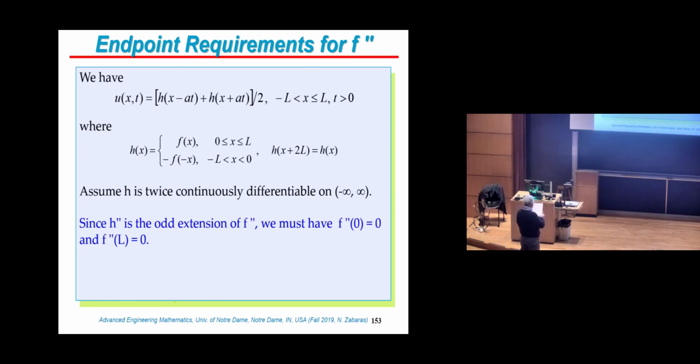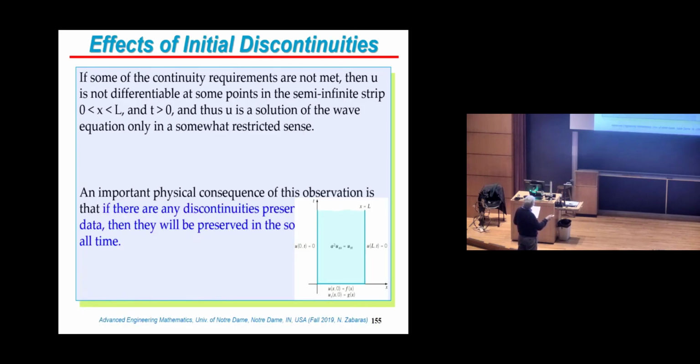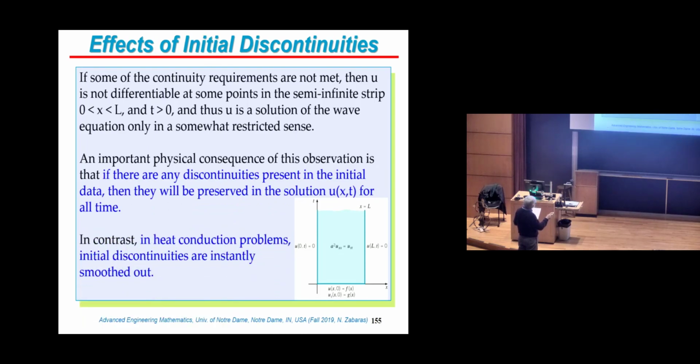And I don't think there is a slide 155. Actually, let me just put it on 155 because this is extremely important. So let me just say with words, in diffusion problems, if you have any discontinuity in the initial or boundary conditions, it dies out with time. That's what diffusion means. Diffusion smooths things out.